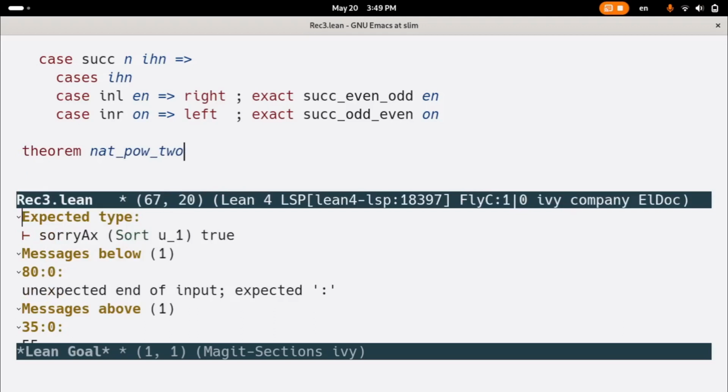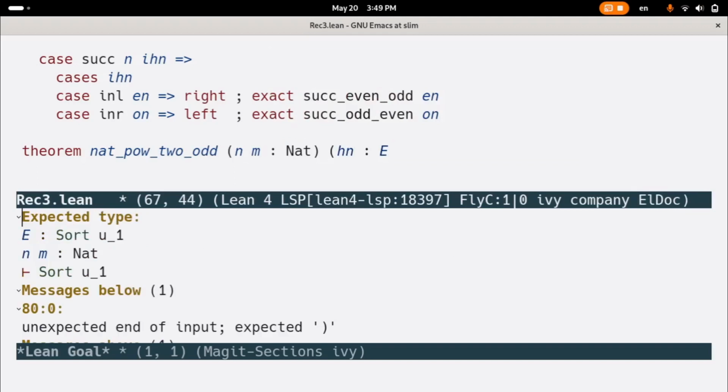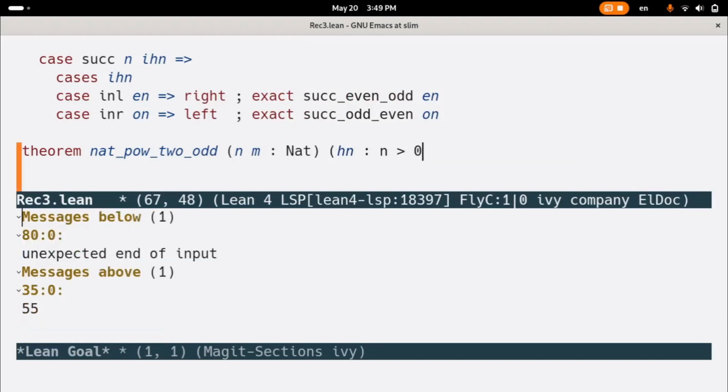Let us go ahead and prove a more complicated theorem. We will prove that every natural number can be written as a multiple of a power of 2 and an odd number if the number n is greater than 0.